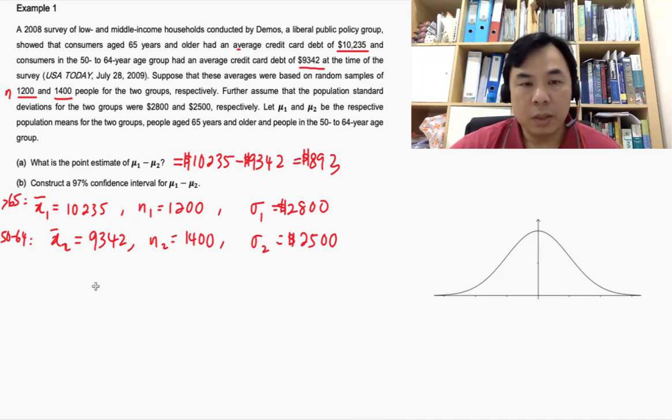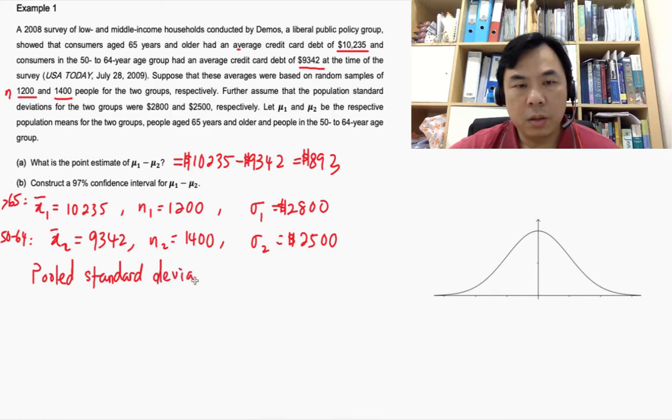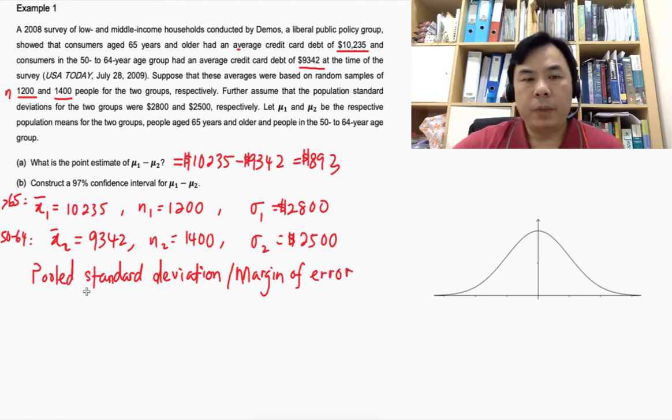Now we need to calculate the sample standard deviation for the difference between the means, or sometimes we call that the pooled standard deviation. Or sometimes you can just call that the standard error or margin of error. And then this is calculated as such.